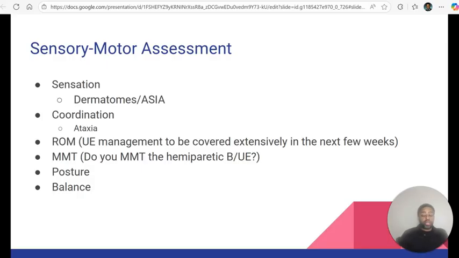Range of motion assessment is important to understand how much active motion a person has and how much passive motion a person has. Active range of motion is used for functional tasks, and passive range of motion gives us a baseline so we can maintain it through different exercise programs.